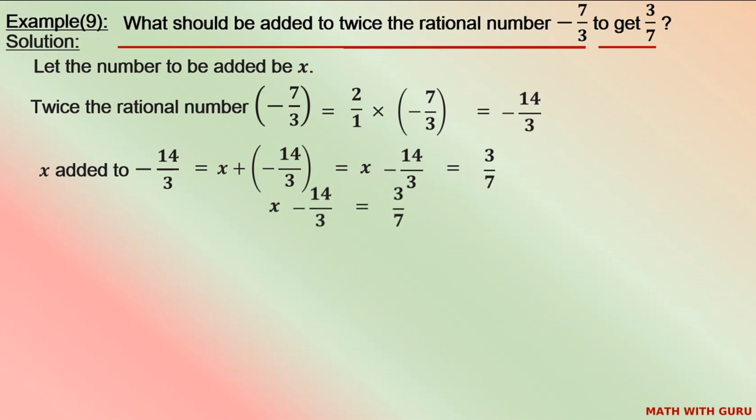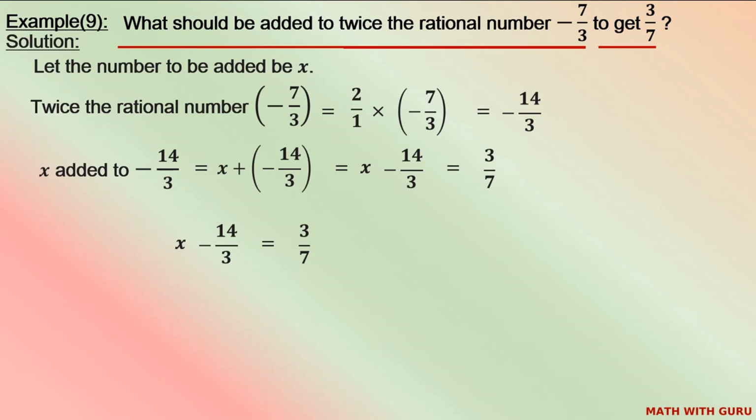Here we have this equation. Let us solve it for x. We have two denominators here. To get rid of those denominators, we shall multiply each and every term of the equation by the LCM of 3 and 7.